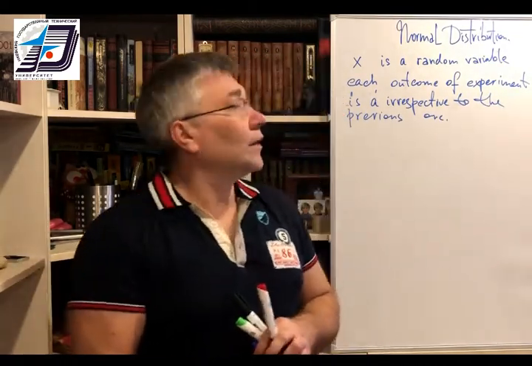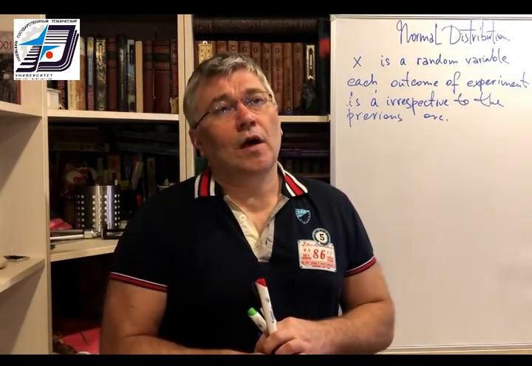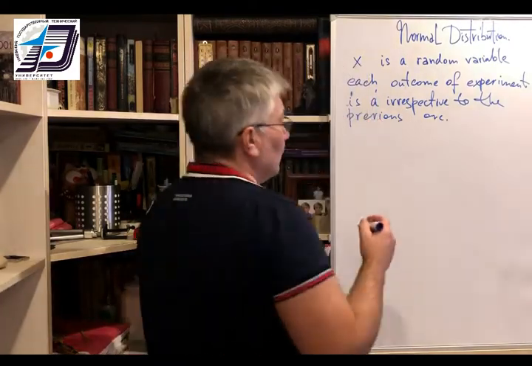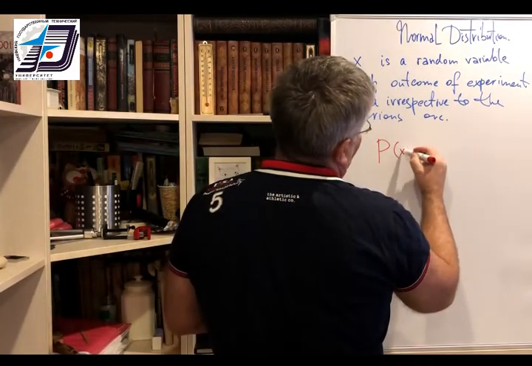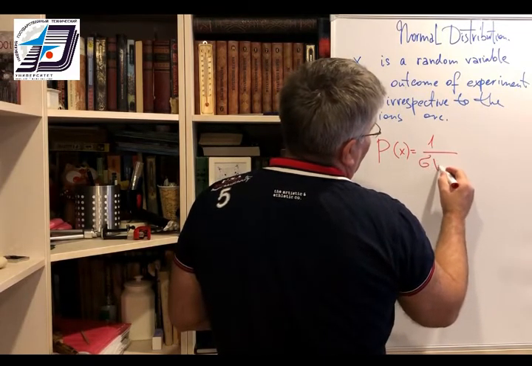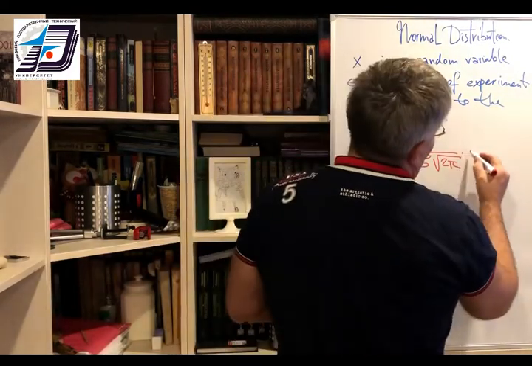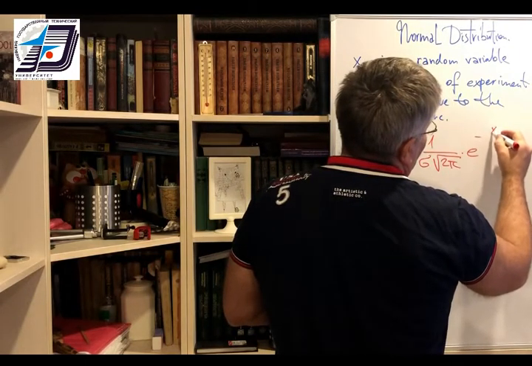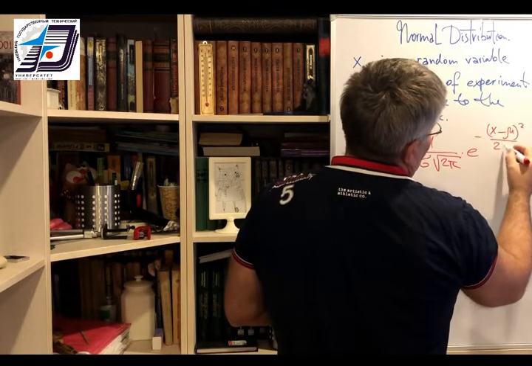We can say that x has a normal distribution if its probability density function can be written down using this formula: p of x equals 1 over sigma square root of 2 pi times e raised to the power of minus (x minus mu) squared over 2 sigma squared.